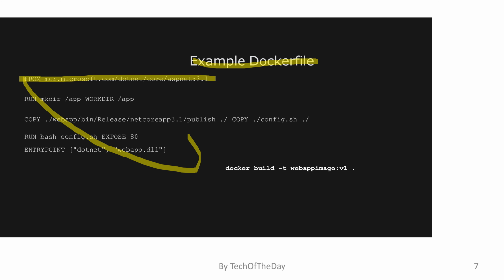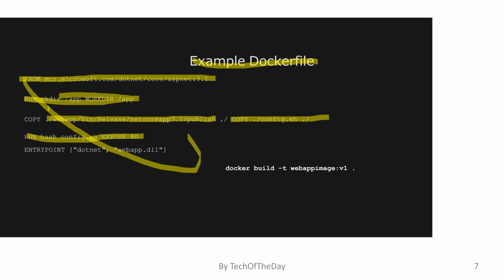Then I want to create a folder in my container, then copy the web app bin release from the publish folder to config.sh, and then run bash config.sh, expose port 80, and the entry point of the .NET web app dll, and that's it. Looks simple, high level commands, right? We are saying pretty high level things we are doing.